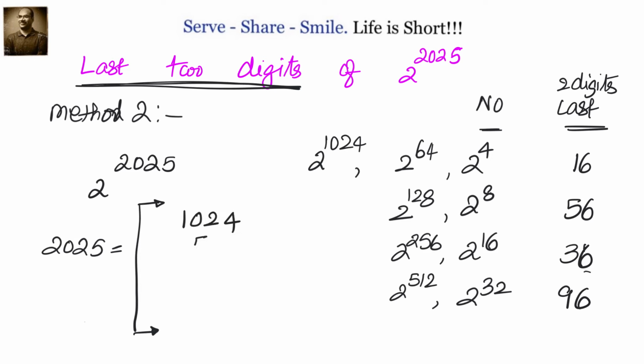Let's start with the big number 1024, then 512, then 256. Then let's go for 128 and see what happens when you add all of them. You get 1920. That means you still need 105. For 105, let's go for 64, then 32, then 9, and you will get 105.